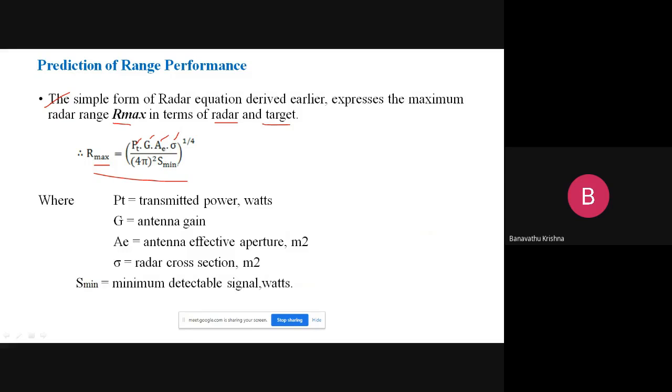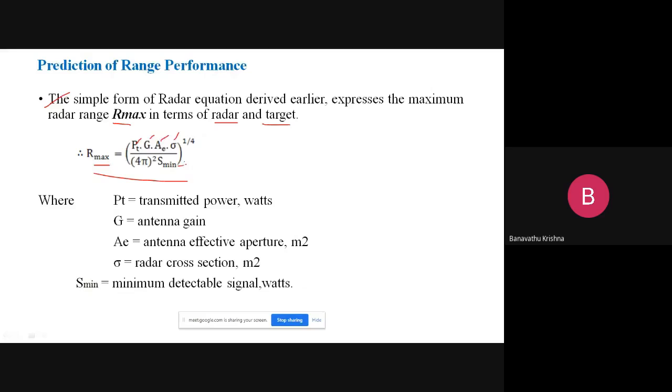The next one is the minimum detectable signal. S minimum is the minimum detectable signal. It means how much signal is received at the radar receive station by the receiving antenna. Signals are radiated into the space by the transmitting antenna, reach the target, and are reflected back to the radar receive station by the receiving antenna.